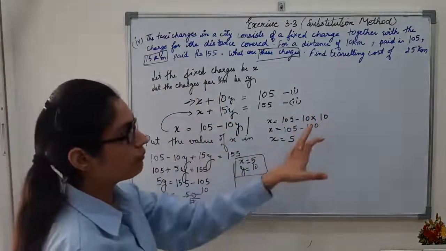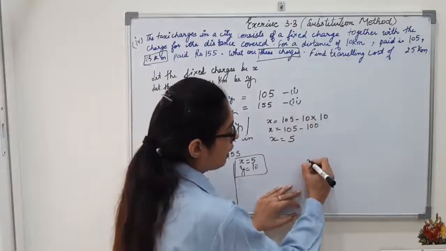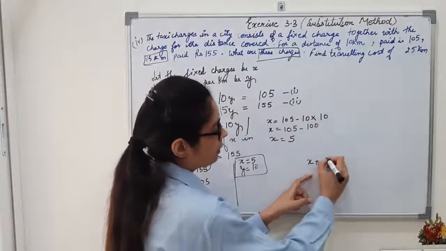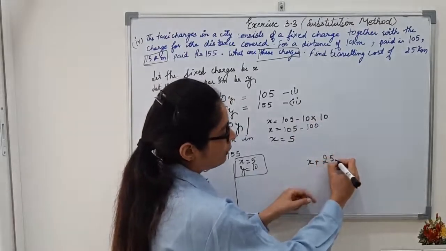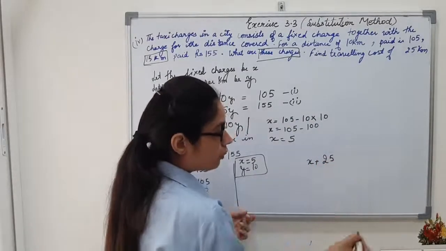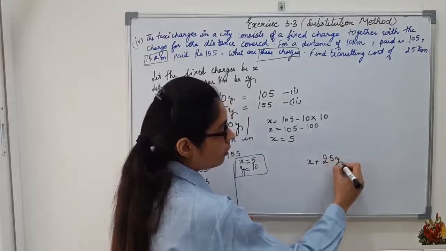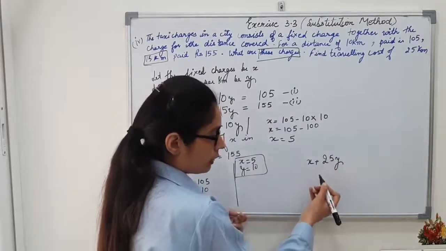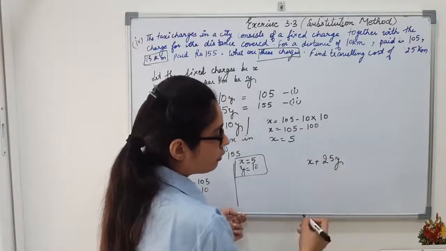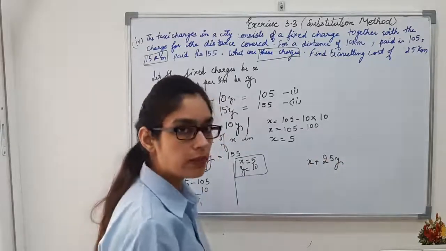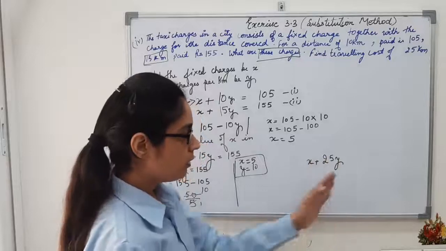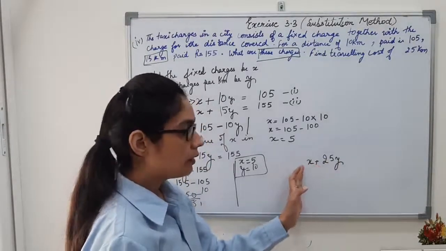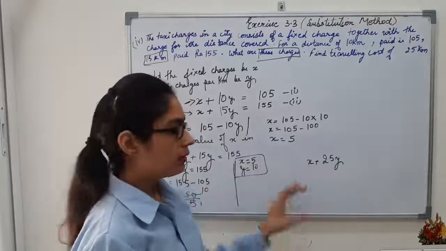Now for 25 kilometers, see, our x is fixed. We will make the equation. See, that person is traveling for 25 kilometers and the charge per kilometer is y. This means if that person is traveling for 25 kilometers, the total charge will be 25 into y, where y is your charge per kilometer, plus x will be there, because this charge is fixed.